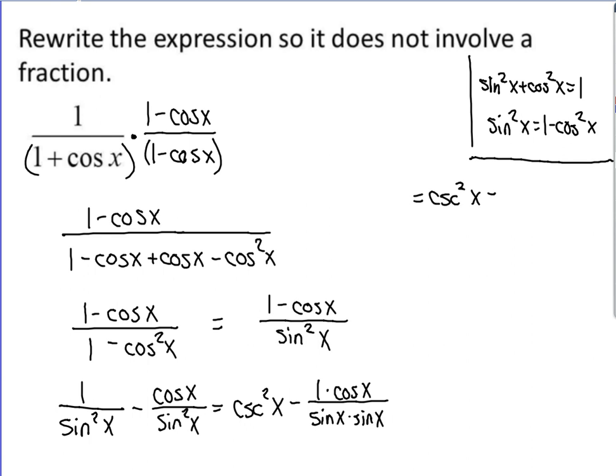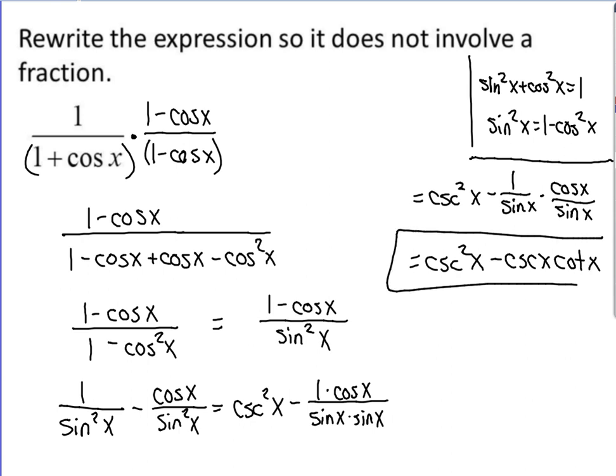I can just call this 1 over sine times cosine over sine. Or we can say cosecant squared of x minus 1 over sine is just cosecant, and cosine over sine is cotangent. So now we no longer have any fractions, so we have rewritten this expression not involving fractions.